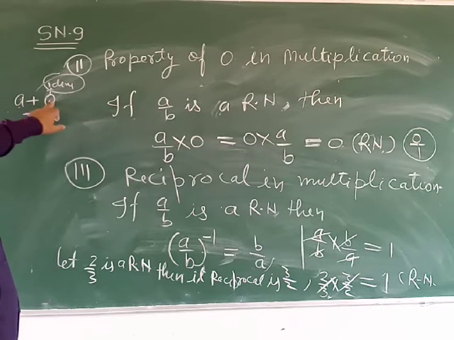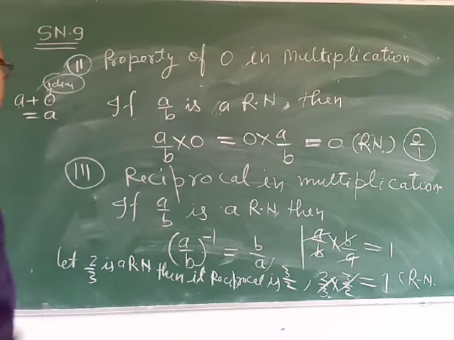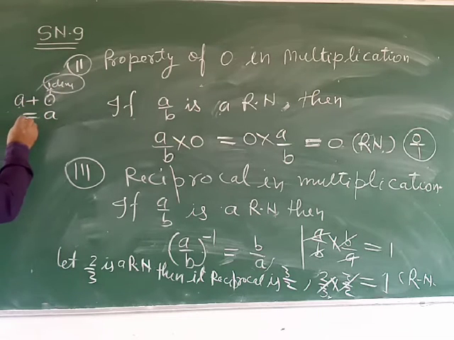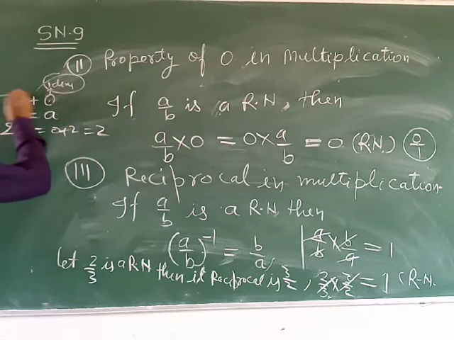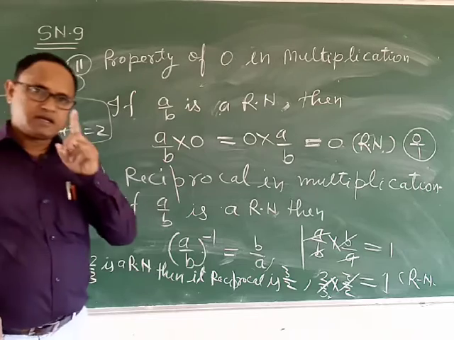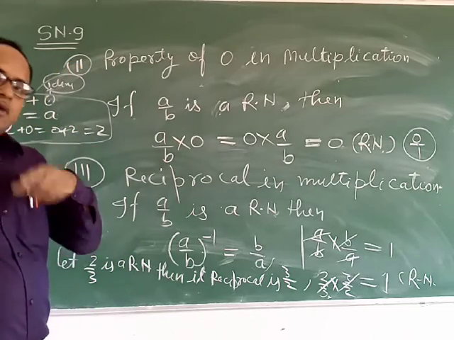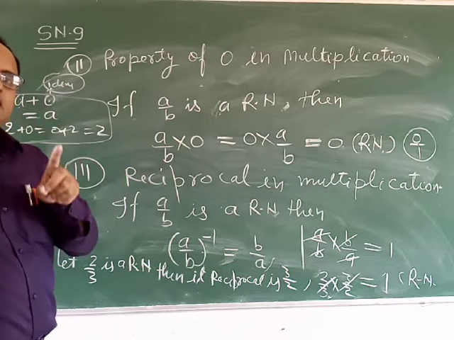In addition 0 is the identity and in multiplication 1 is the identity. Here A plus 0 is equal to A, there is no difference. Here 2 plus 0 or 0 plus 2 is equal to 2. And in multiplication 1 is the identity.